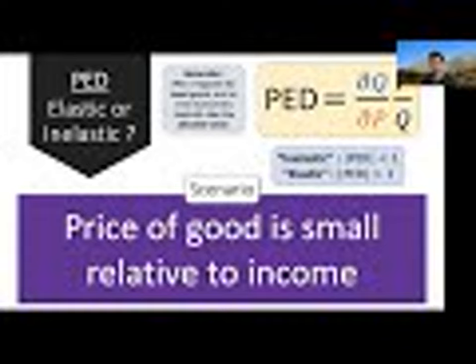So we can think, well, let's try some other things. What if I make a lot more money than it costs to buy a green ball? Then really, how responsive am I going to be to the green ball's price if the price of the good is really, really small relative to my income?